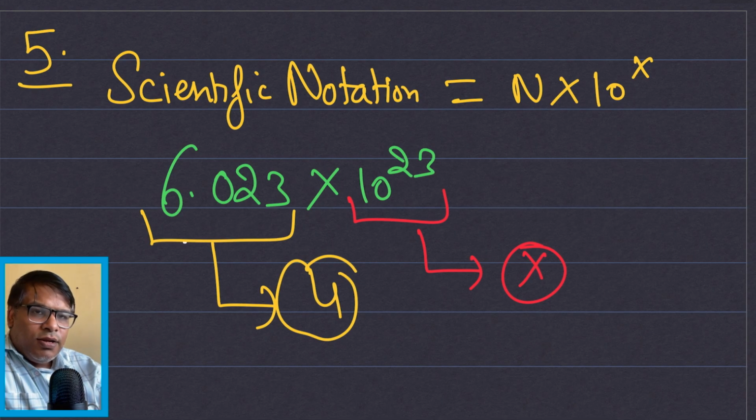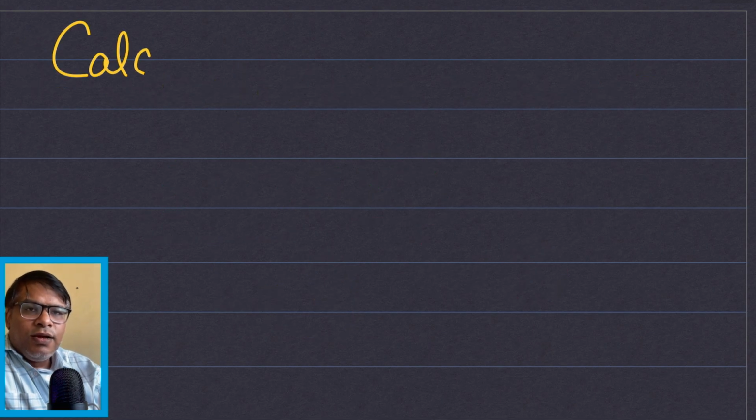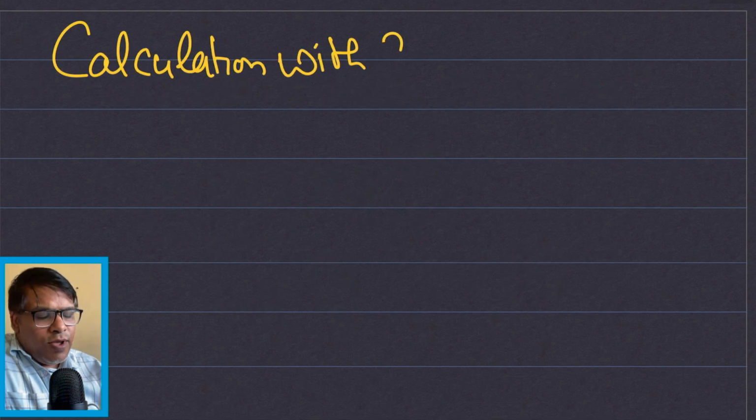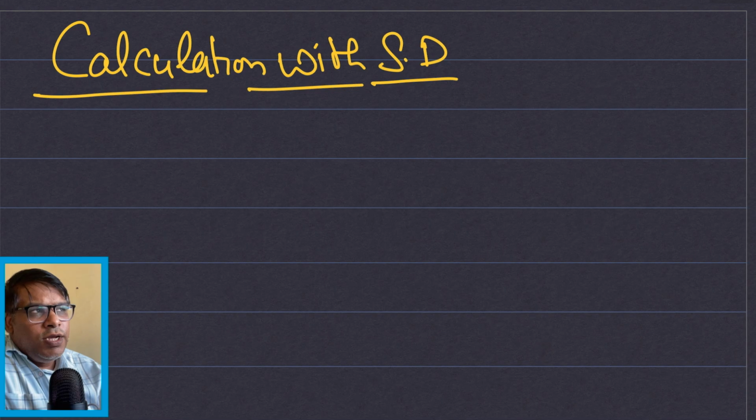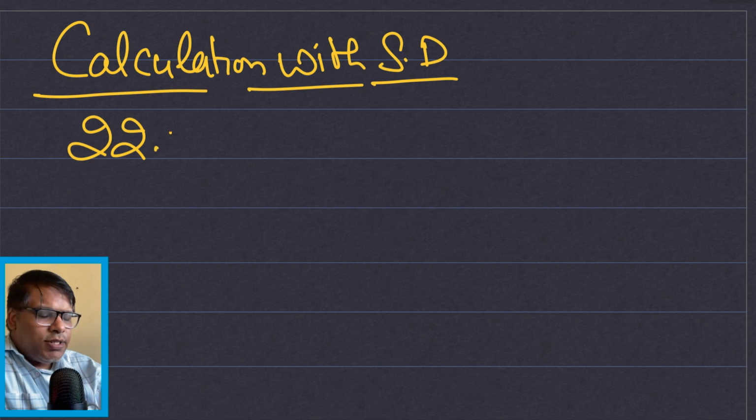Now, at the last, we are going to discuss how to do calculations using significant digits. Let us take an example: 22.35.